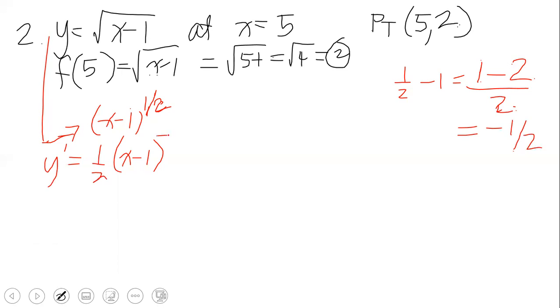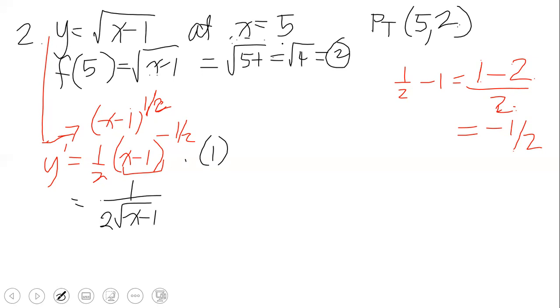So negative 1/2 is the power. Then the derivative of the inside function is times 1. So we already have it in the form of 1 over 2 square root of x minus 1. But we're not yet done, because we need the slope of the tangent line. So that is the first derivative.